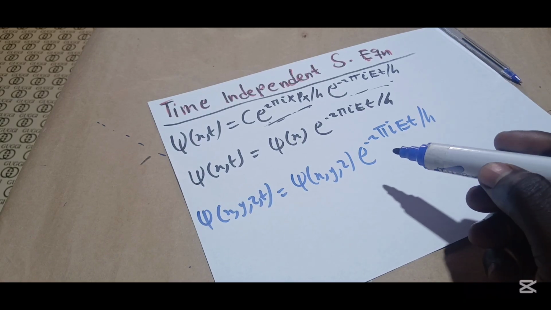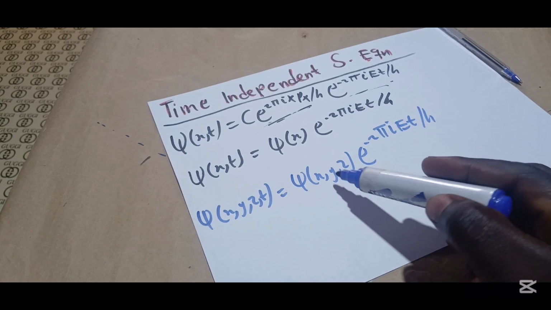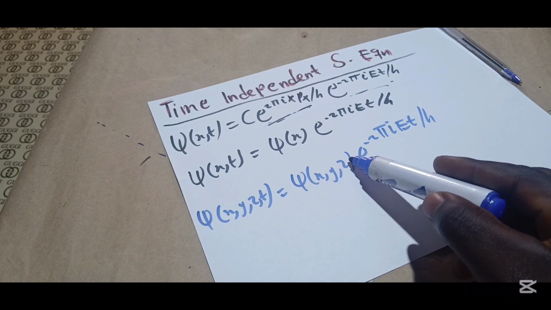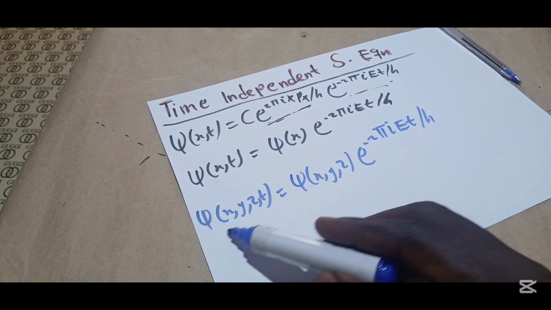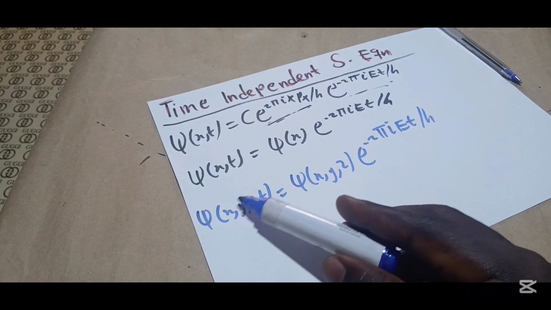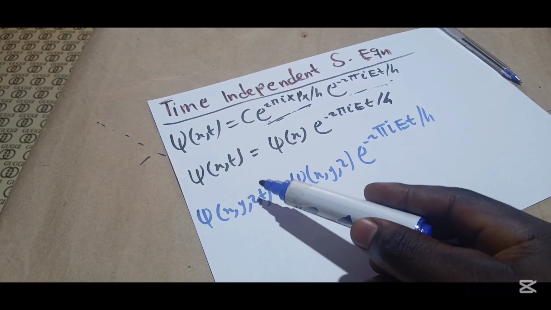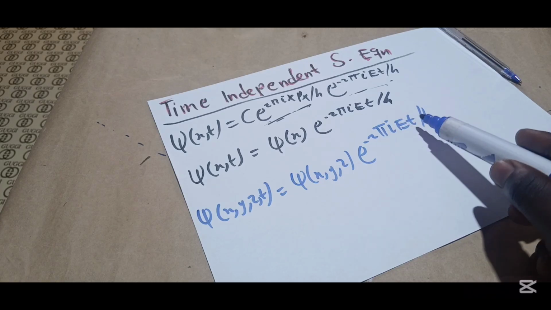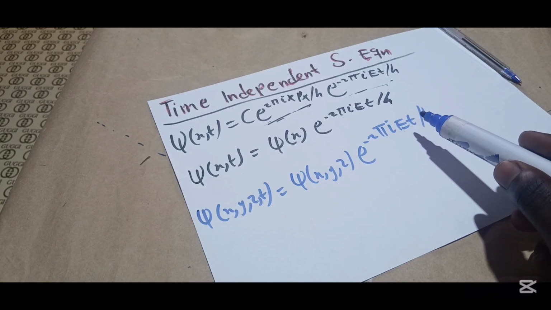Like I told you earlier, this term right here is the one without a time part. And this term right here is the one containing the spatial part and the time part, which you can see is equated to the spatial part and the time part here. So just keep that very close.